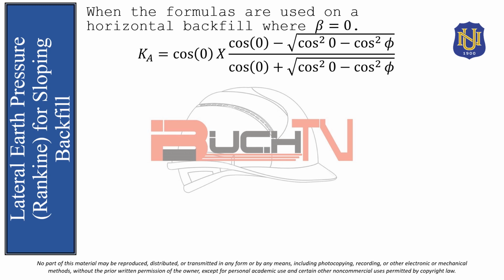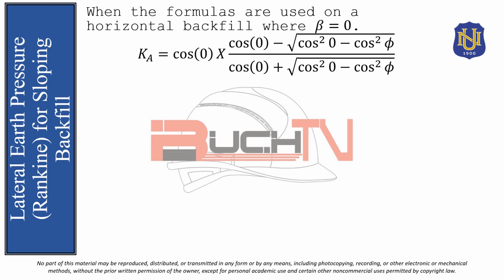So, kung yung active gagamitin natin, so we will have cosine of 0 times cosine of 0 minus square root ng cosine squared of 0 minus cosine squared of phi, divided by cosine of 0 plus square root ng cosine squared 0 minus cosine squared of phi.